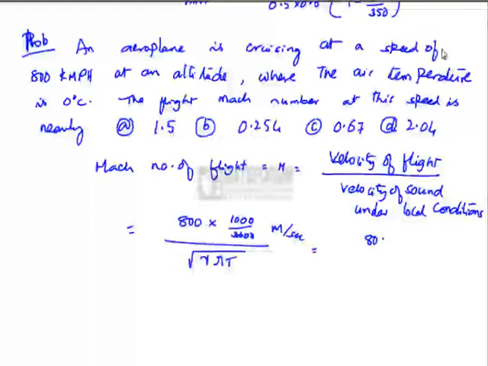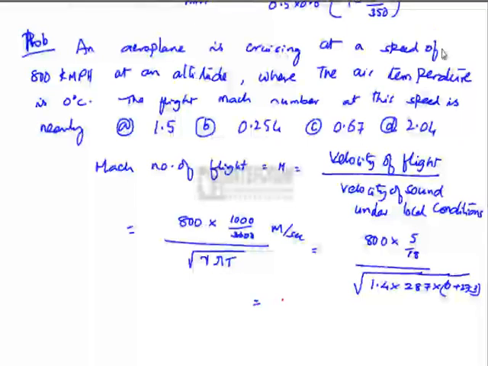That is 800 into 5 by 18 divided by square root of gamma of air, which is 1.4, R of air is 287 joule per kg Kelvin, and the temperature of air is 0 plus 273 Kelvin, which results in the answer of 0.67, that is subsonic speeds of flight, because Mach number is less than 1.